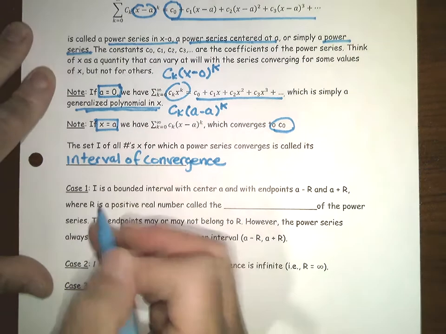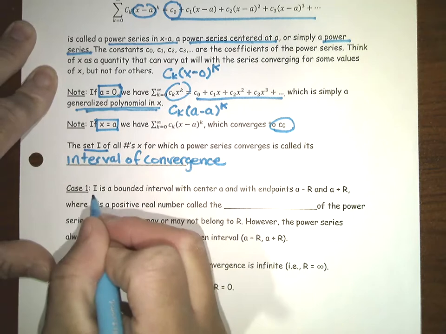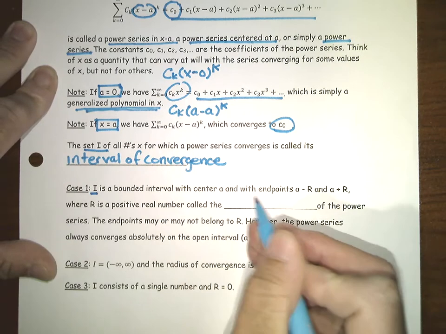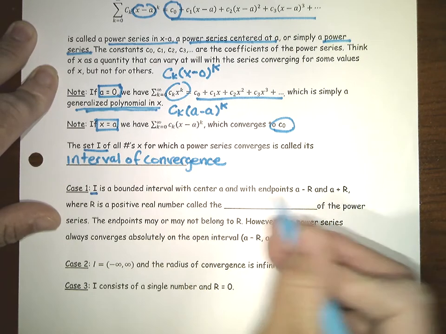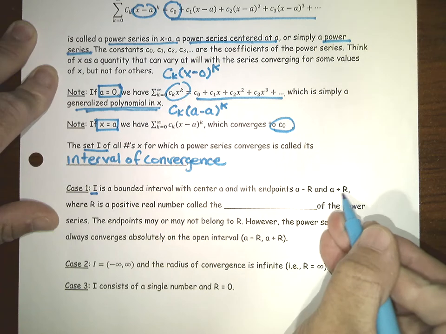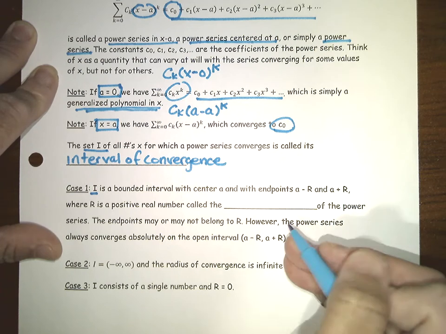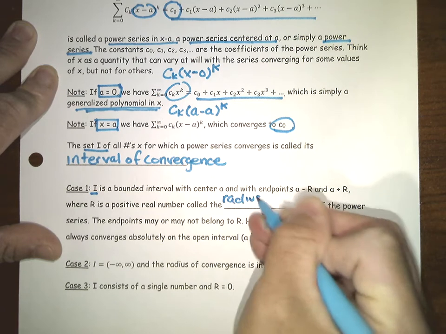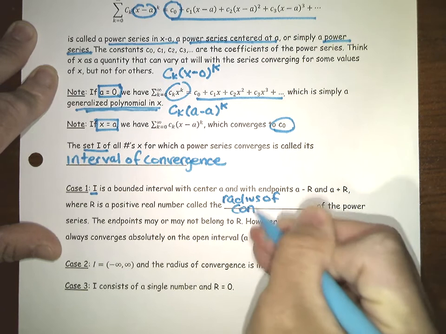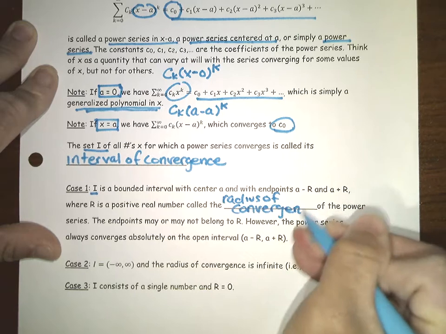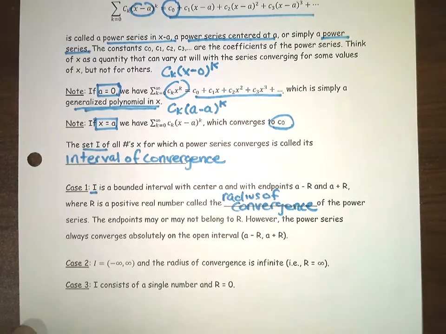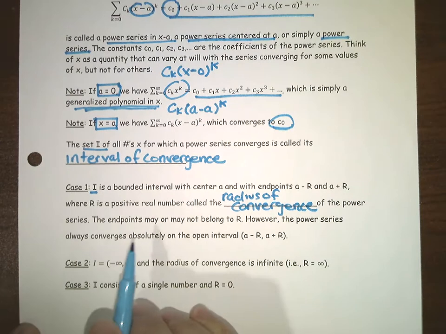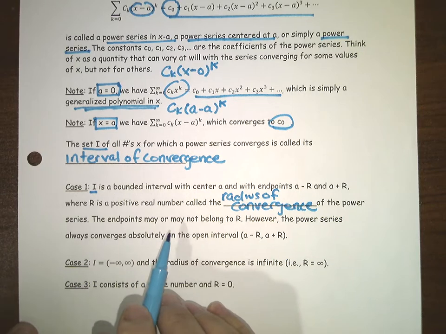This set I is a bounded interval with center a and endpoints a minus r and a plus r, where r is a positive real number called the radius of convergence of the power series, and the endpoints may or may not belong to I.